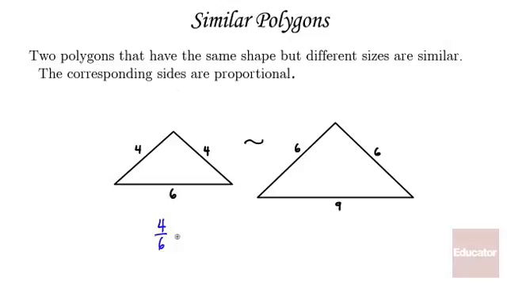Proportional means that if I make a ratio for this, that's going to be the same. And then for the third side too. This ratio is also going to be the same. So if you compare this side to this side, that ratio is going to be the same as this side to this side, and it's also going to be the same as this side to this side. So we have 3 ratios.